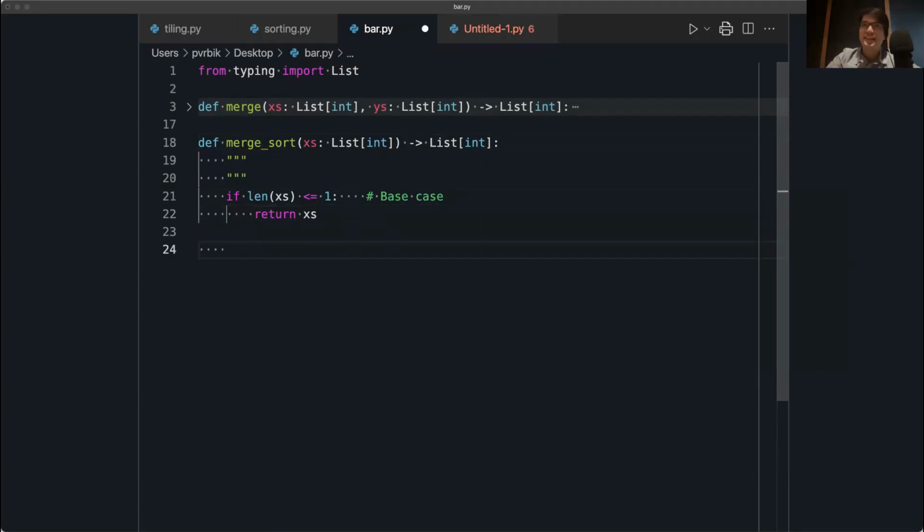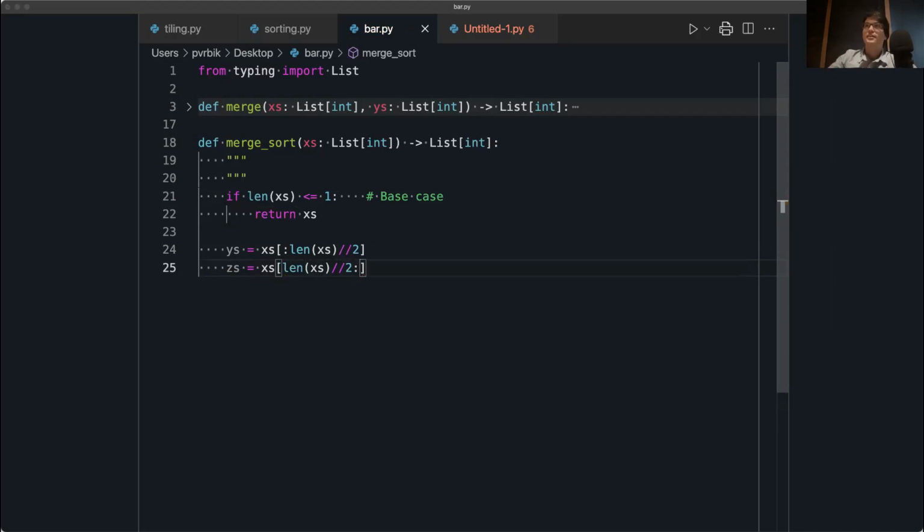Now I want to break xs in half. So how can I get half of xs? From the start to half the length of xs. And then same thing, starting from half the length of xs.